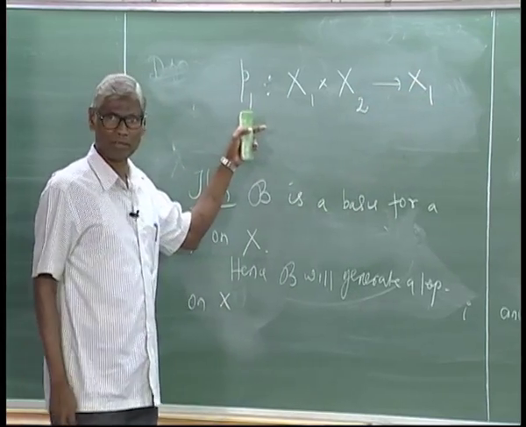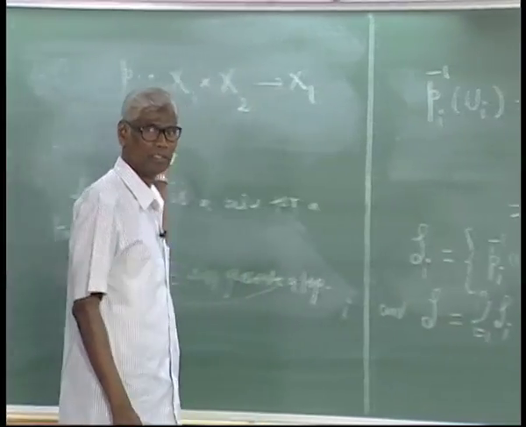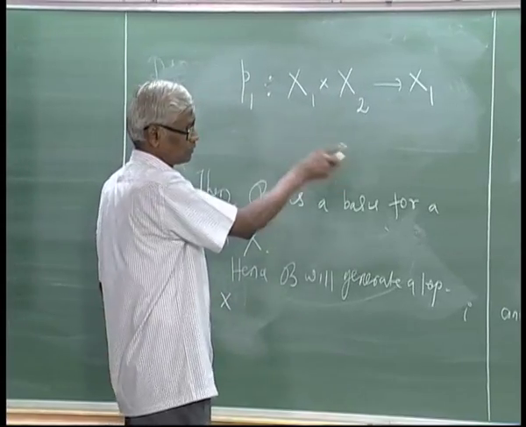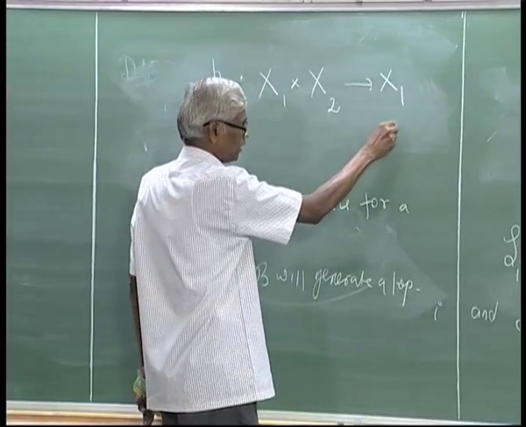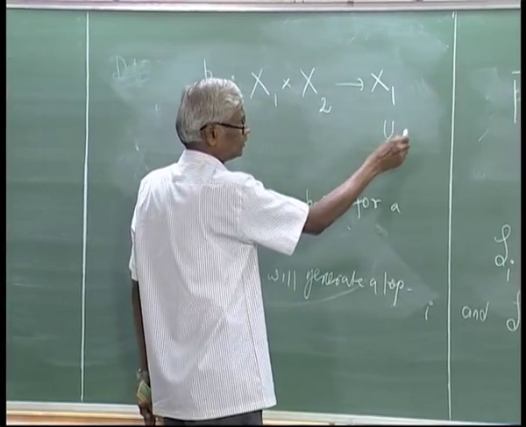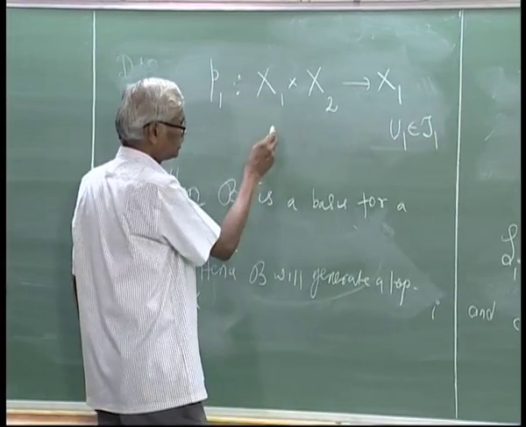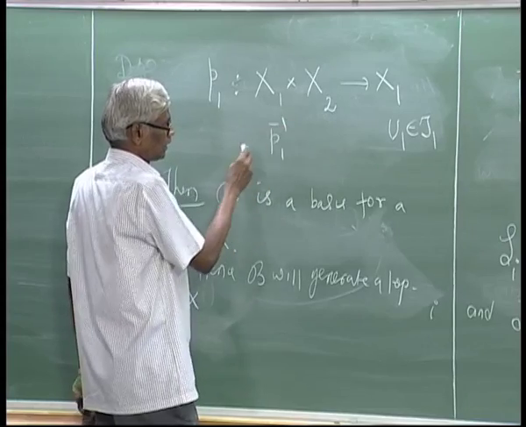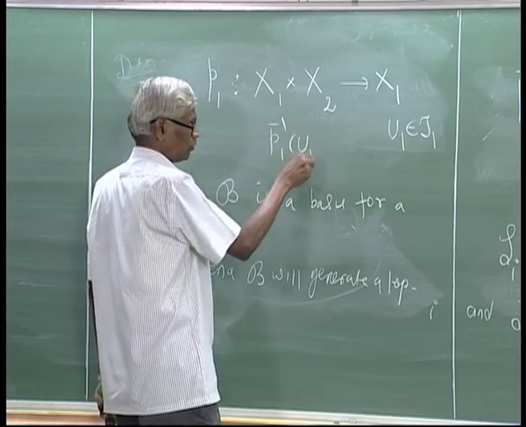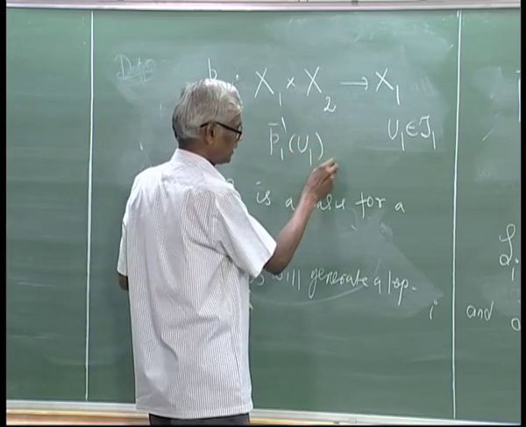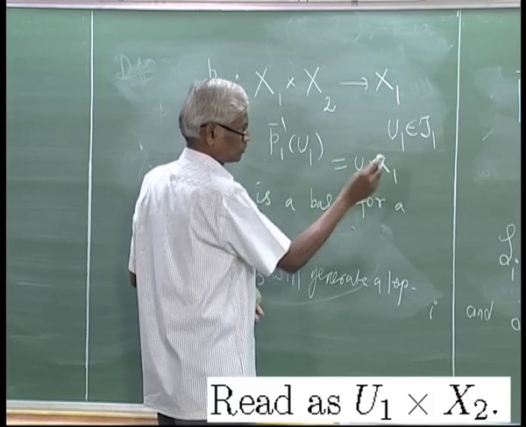Is P1 continuous? Yes. Keeping that in mind, we have defined the topology which we have called the product topology. See what is here? Take any open set U1 belonging to tau_1. Then the inverse image P1 inverse of U1, we have seen, is nothing but U1 cross X2.